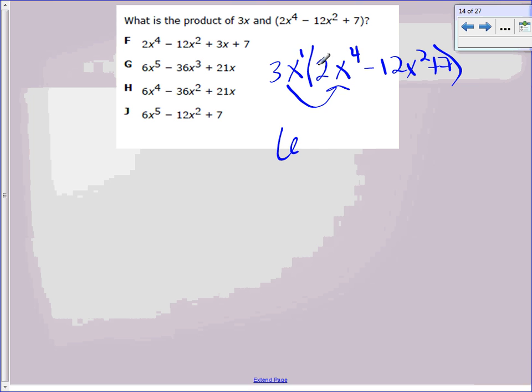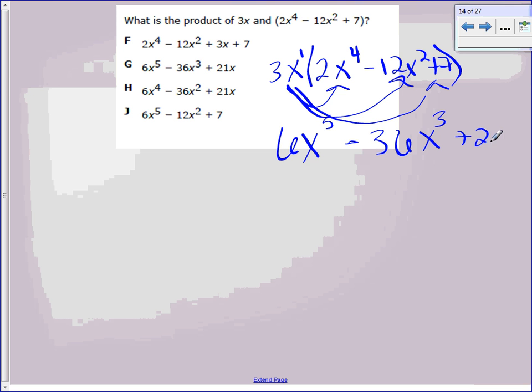But then what do I do, since I have exponents that I'm multiplying? No, we add if we're multiplying. To the power of 5. What's 3x times negative 12x? Negative 36x to the power of 3. What's 3x times 7? Plus 21x.